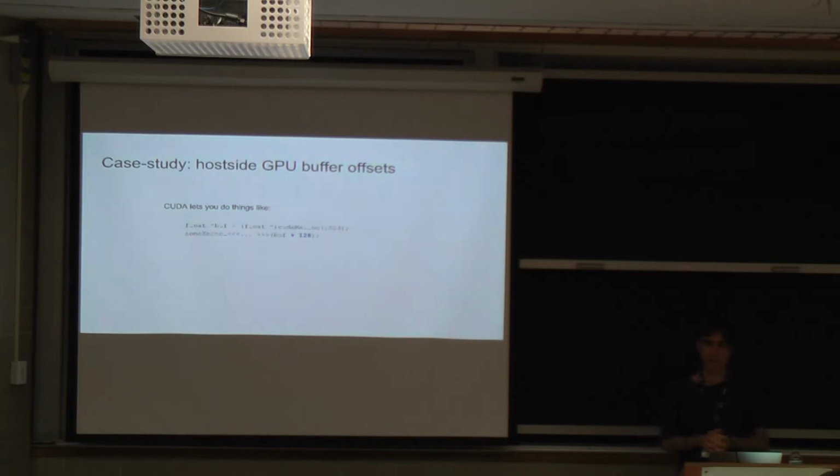But you can add an offset. Instead of sending buff, you can send buff plus 128. This is perfectly legal CUDA. What that means is the buffer received by the kernel will be offset by 128 bytes into the underlying buffer. Now, OpenCL does not allow this.